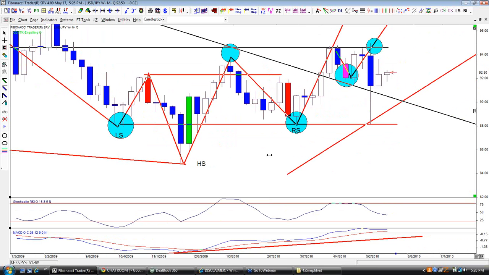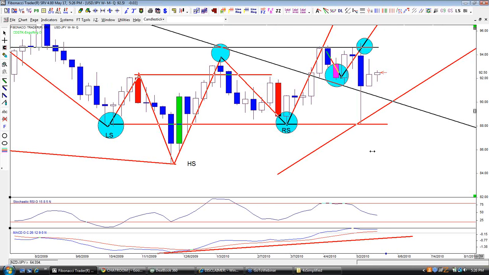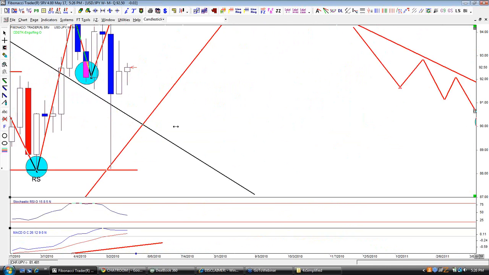So we'll be looking for reversal patterns. Reversal patterns are butterfly, crab, and other head and shoulders. We can easily find a smaller head and shoulders in a small time frame converging with the right shoulder.